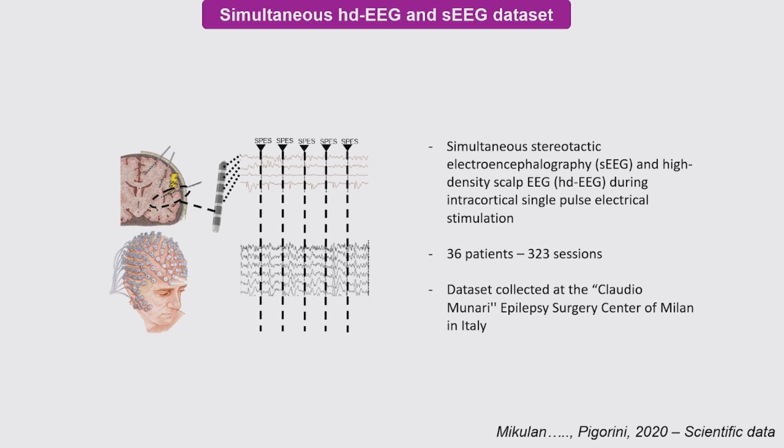There are 323 sessions, 36 implanted patients, and we have intracranial electrodes, and we record both intracranially and extracranially, and the stimulus was delivered intracranially, and SPES stands for single pulse electric stimulation. So a stimulus was delivered intracranially, and we record both intracranially and extracranially.